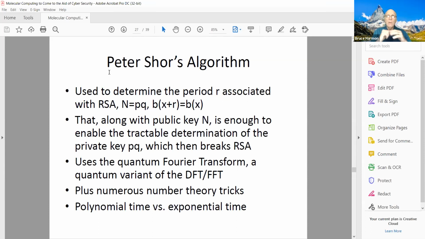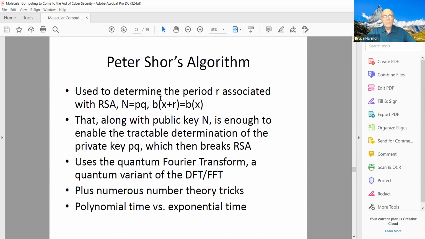Peter Shor's algorithm then was the observation that the way RSA works is that this N, which is the public key, is made available to anybody who can intercept. But what's behind it, what allows you to decode is the P or the Q. And so factoring the P and the Q is not trivial for large numbers, and in fact makes RSA what it is.